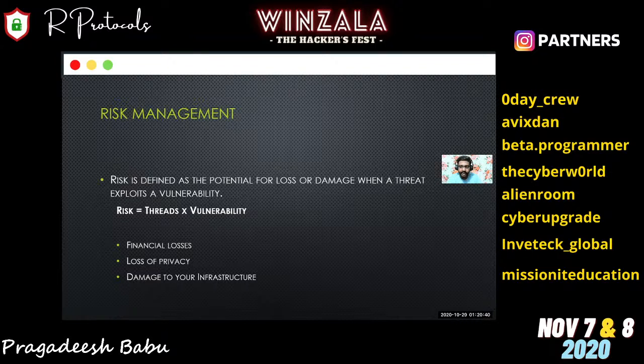Using risk management, you can find potential financial losses, data privacy issues, data loss, or damage to infrastructure. You can predict these things before the hacker hacks into the system, using pen testing.